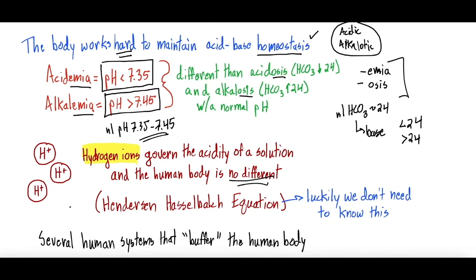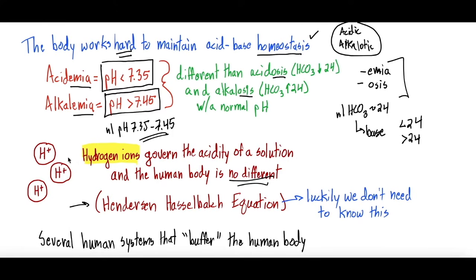For those of you who remember chemistry, there's the Henderson-Hasselbalch equation that teases out blood pH and its proportionality to weak acids or weak bases. We luckily don't need to know that for medicine, so we're not going to dive into that. But the conceptual thing to remember is that hydrogen ions govern the acidity of a solution.